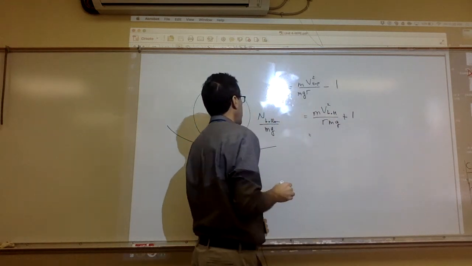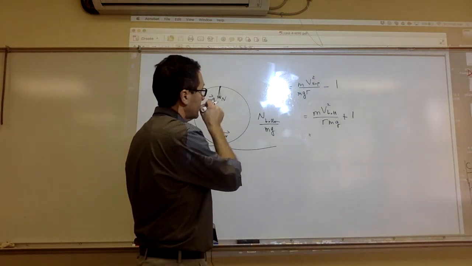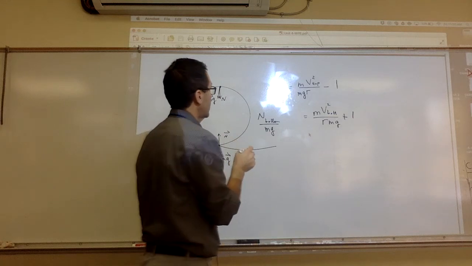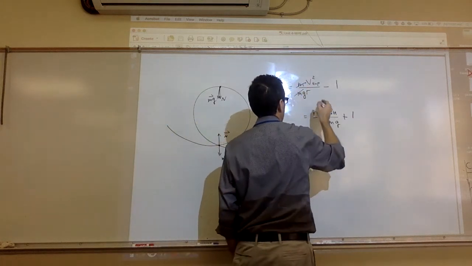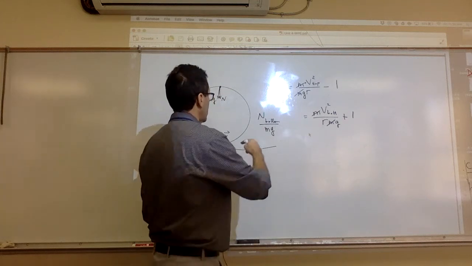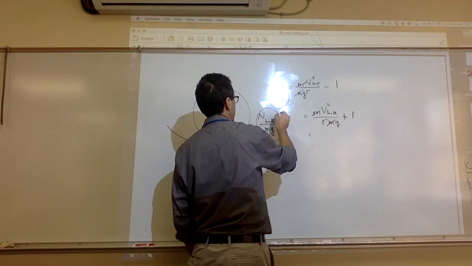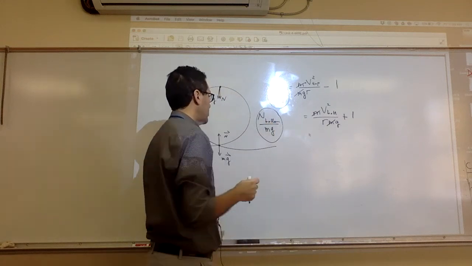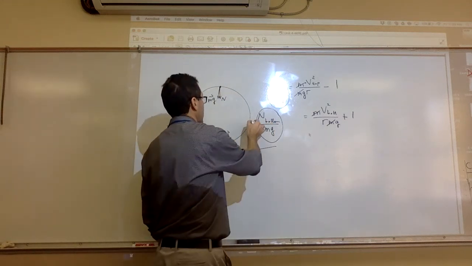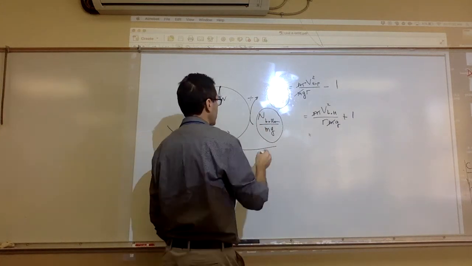So I'm going to get rid of these m's, and I'm going to subtract. This is the g force at the top, and this is the g force at the bottom. I know the bottom is greater, so I'm going to subtract in this direction to see if that difference is really a 6.